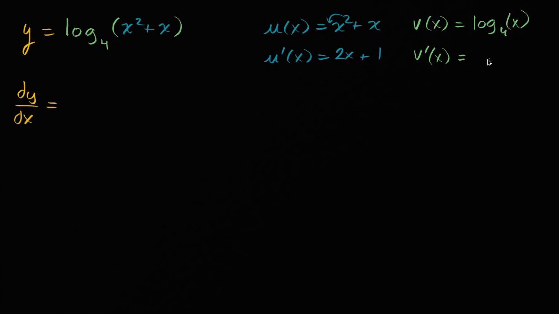So it's going to be 1 over the natural log of 4 times x. If v of x was just natural log of x, our derivative would be 1 over x.